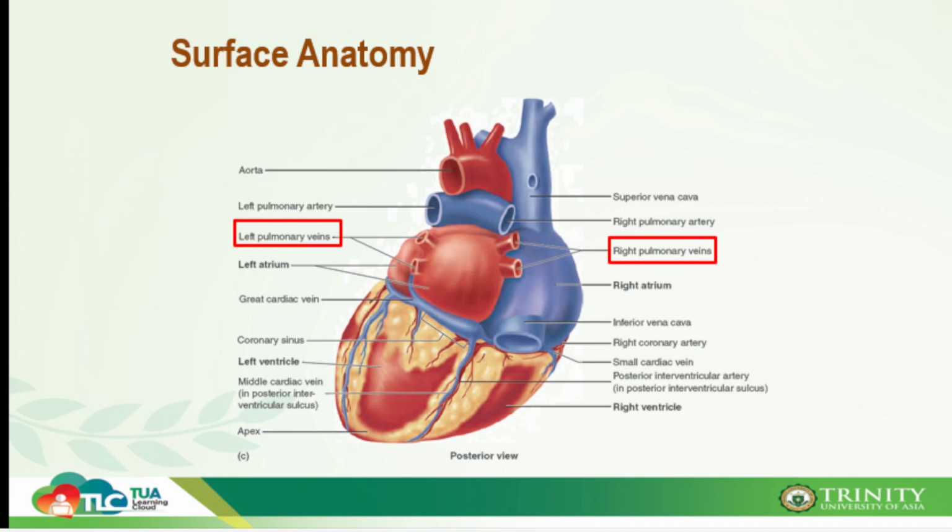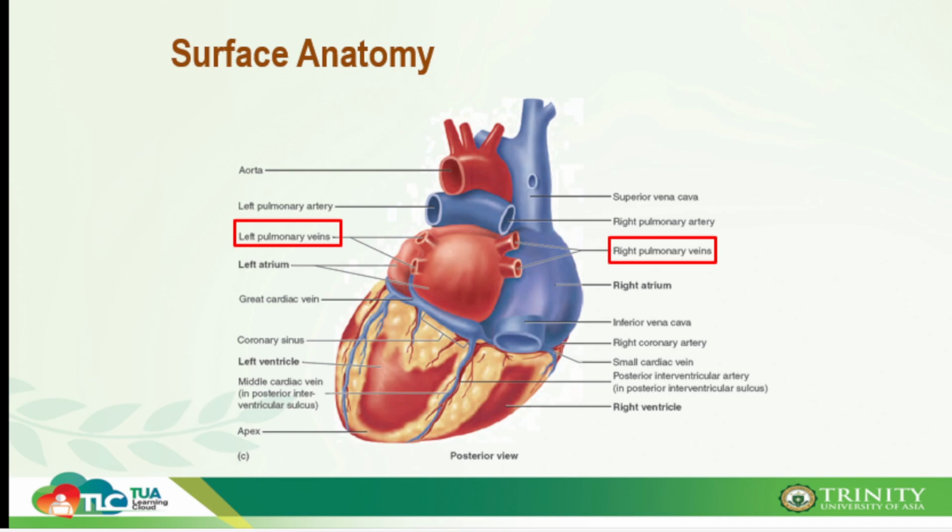Again, the atria are the receiving chambers for blood. Remember? So if the right atrium receives blood from the superior vena cava, the left atrium receives blood from your pulmonary veins.